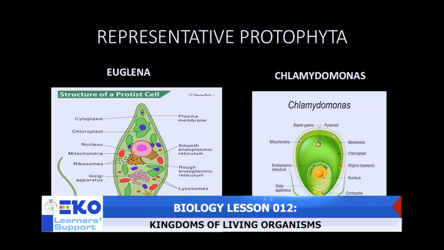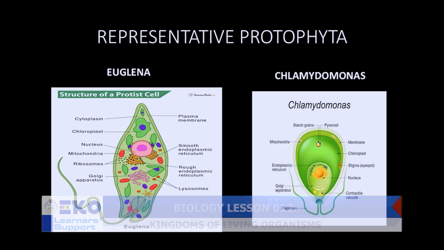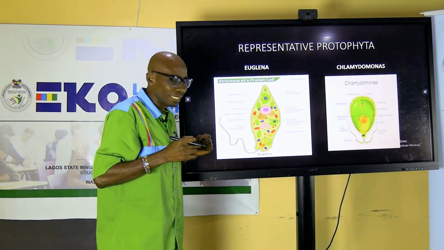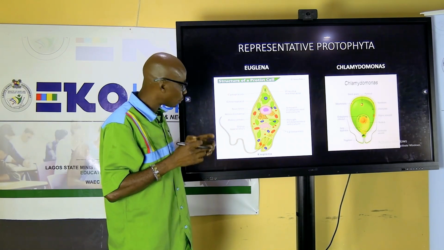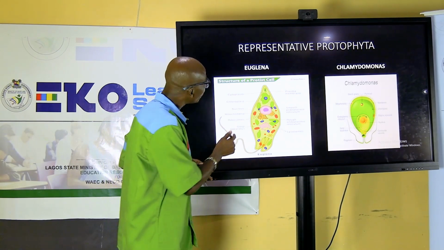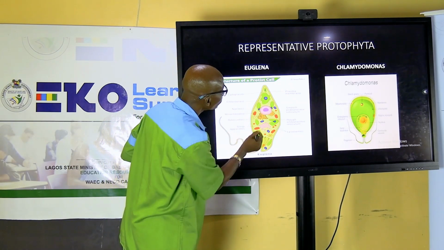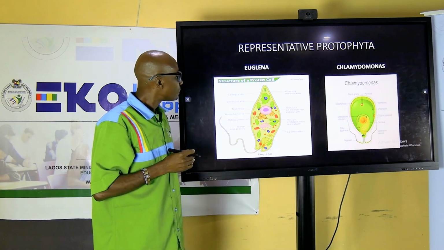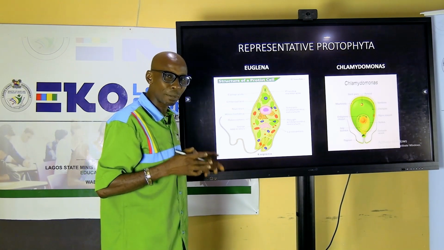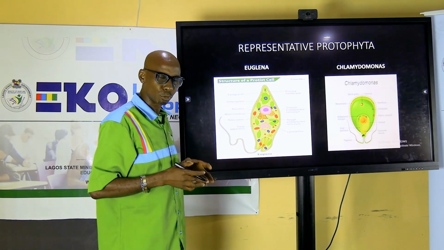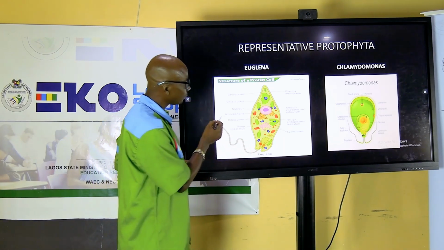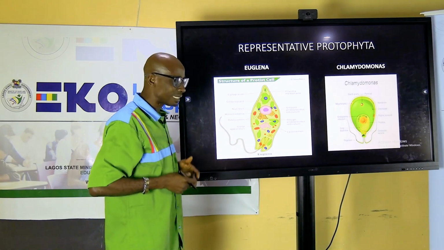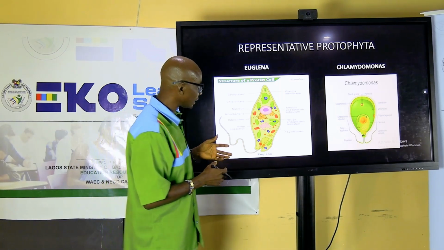The pellicle gives it a distinct structure. Then it has another structure that we call pyrenoid. The pyrenoid helps in the conversion of excess glucose into starch. Then it has a flagellum. The flagellum makes it an animal. It uses the flagellum for movement.